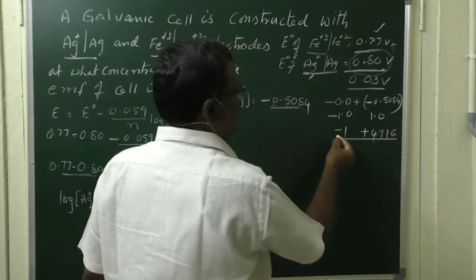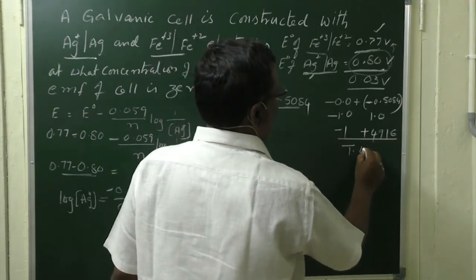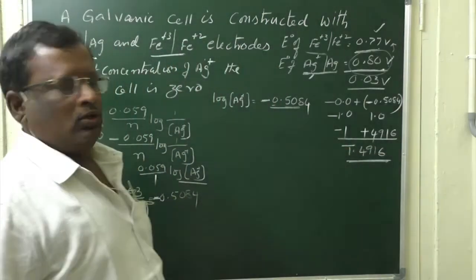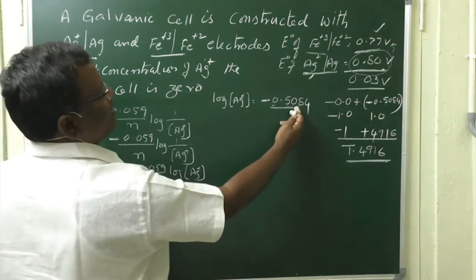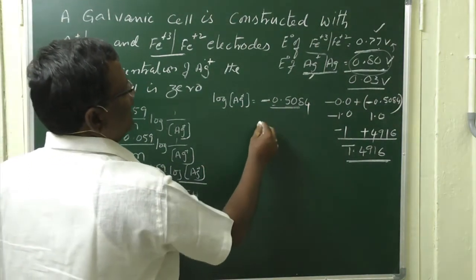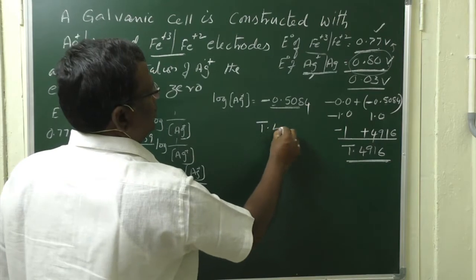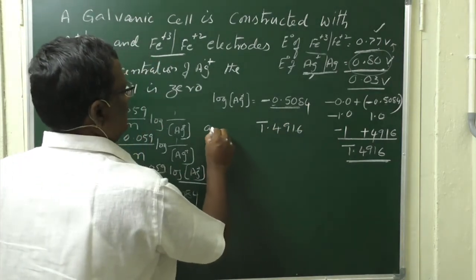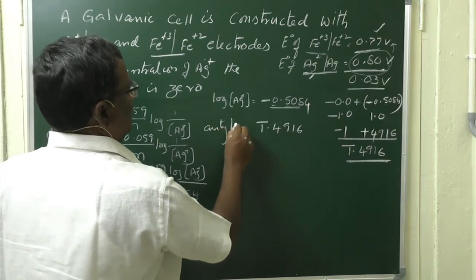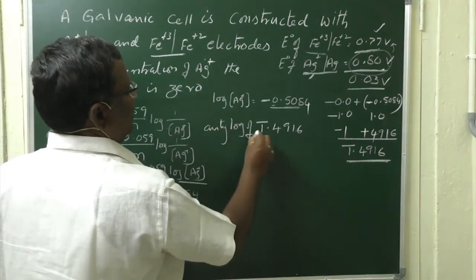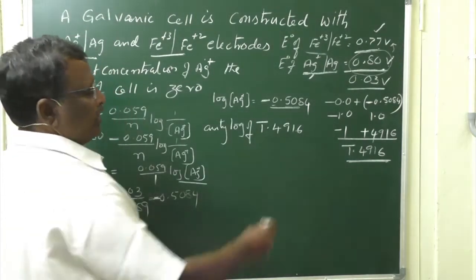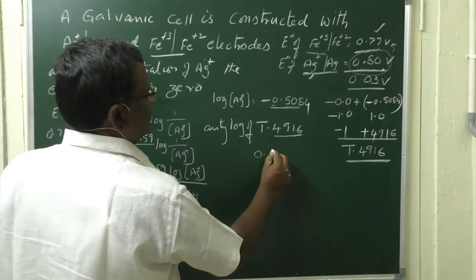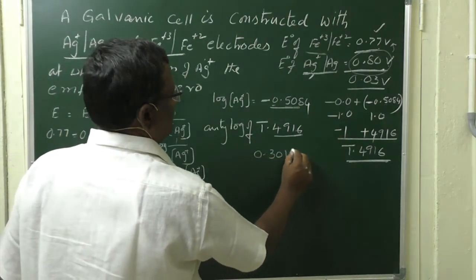If you add both these two, it will be 1.4916. So by changing the negative form of this mantissa into positive, this will be equal to bar 1.4916. Now by using normal logarithmic tables, you can get this value, and taking anti-log you will get 0.3010.